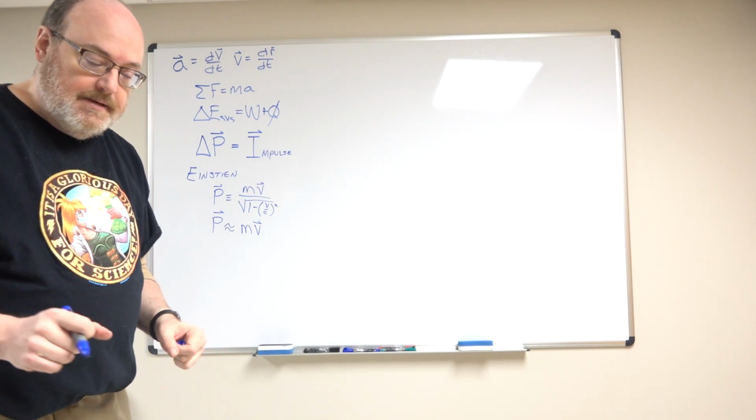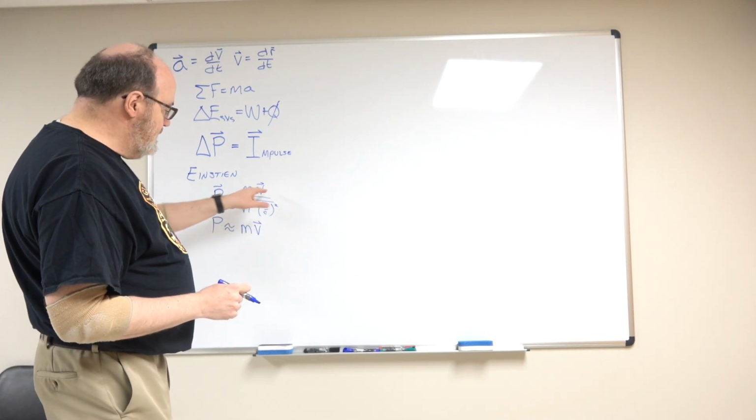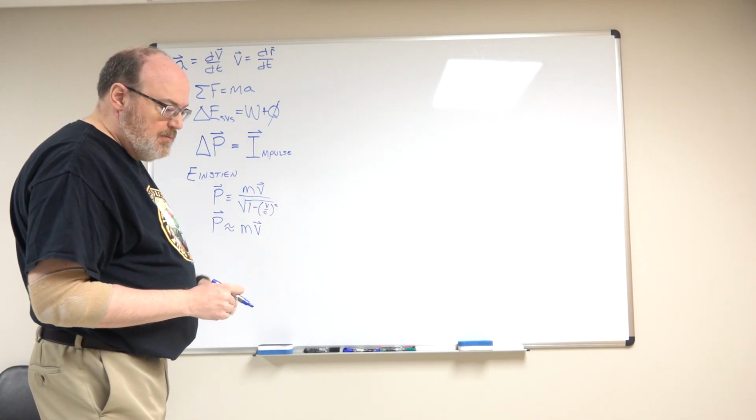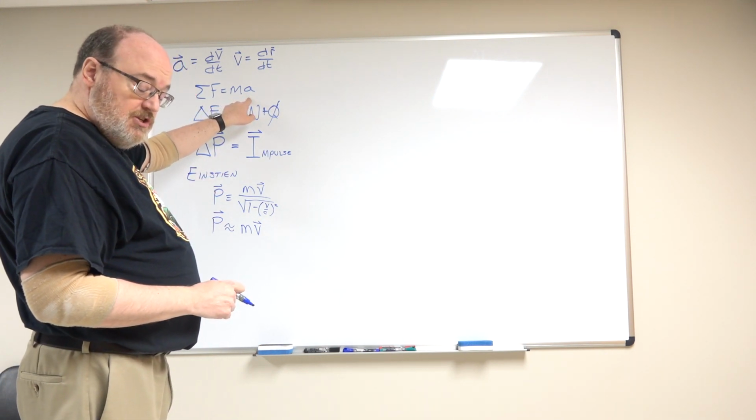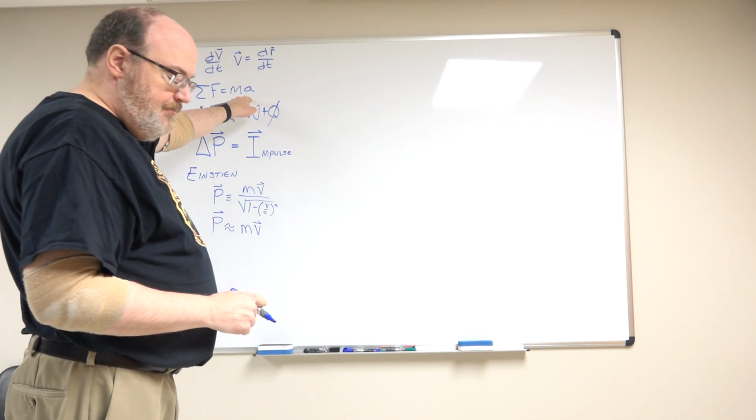Prior to Einstein, and part of the reason why Einstein being able to derive this formulation was so important, we had traditionally used F equals ma.